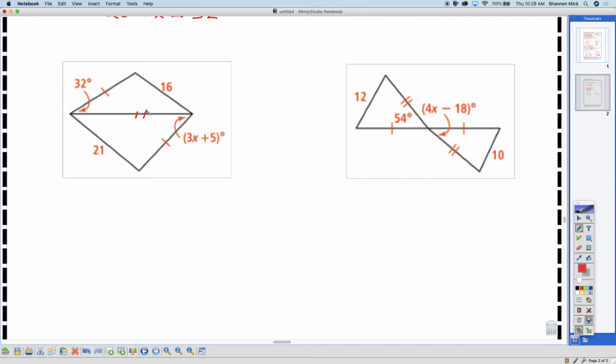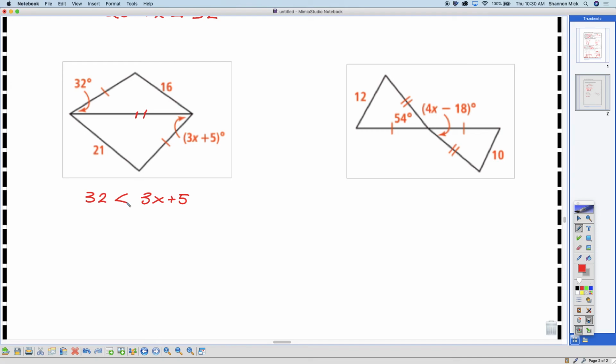Which one is bigger, 32 or x? X is bigger? How do you know that? Because 21 is bigger than 16. Oh, you wrote yours the other way. But it doesn't matter, does it?